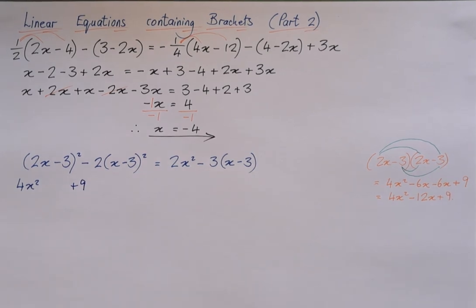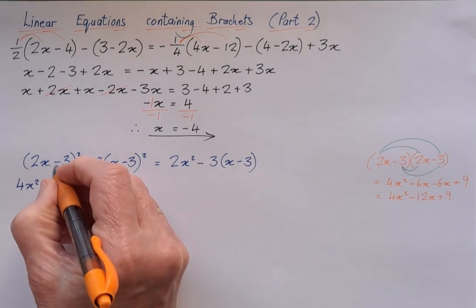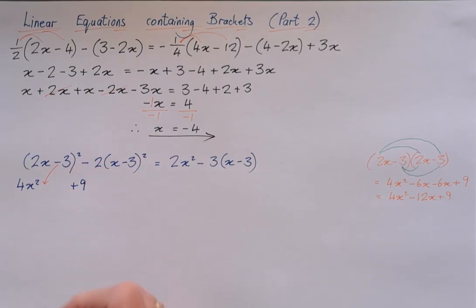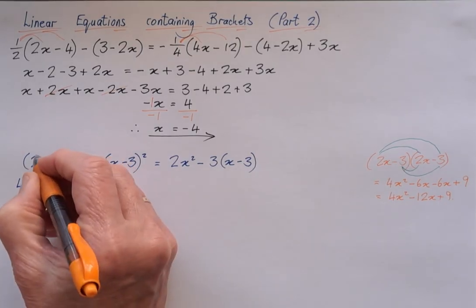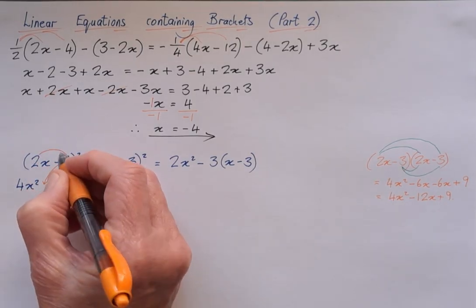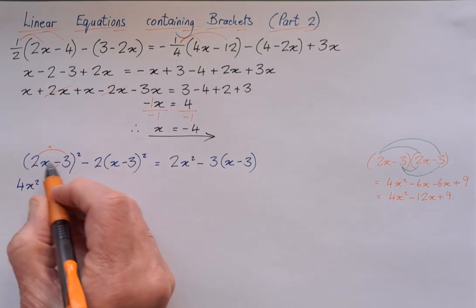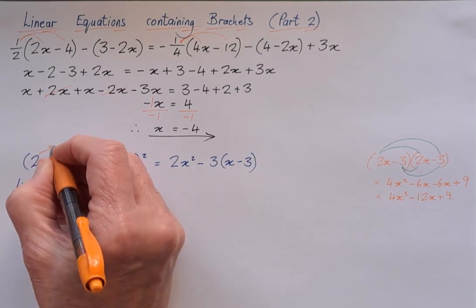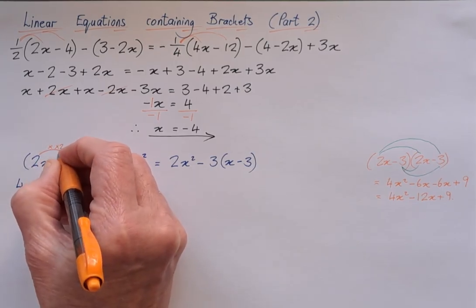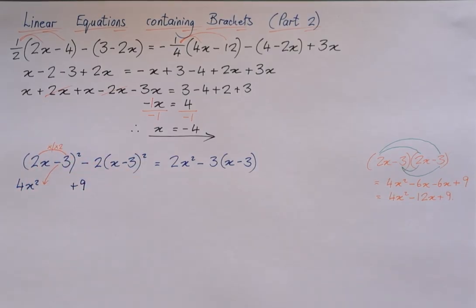And then to get your middle term, you're going to use that sign, and you're going to multiply that by that, and then you're going to double it, which means multiply it by 2 again.